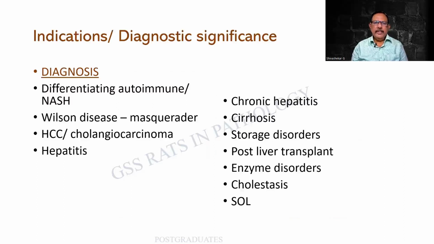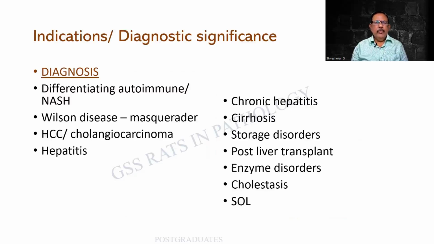Now, what are the indications of the biopsy? First and foremost shall be a diagnosis. There are lots of diseases which can be diagnosed. In fact, my professor of medicine used to say, the single most reliable investigation in liver disorder shall be a needle biopsy.